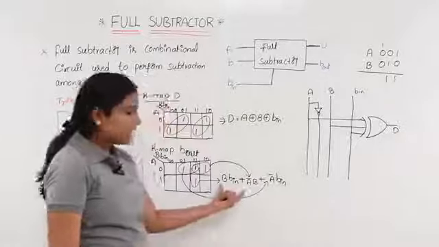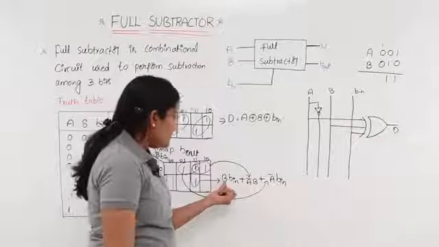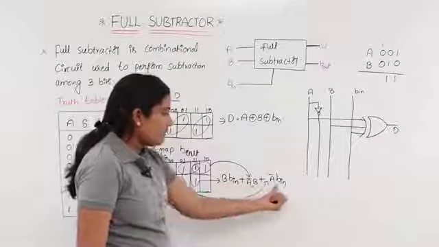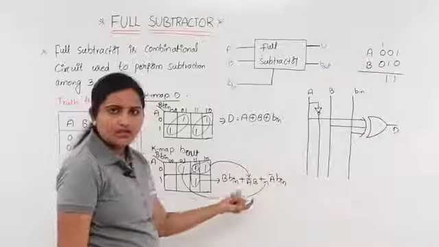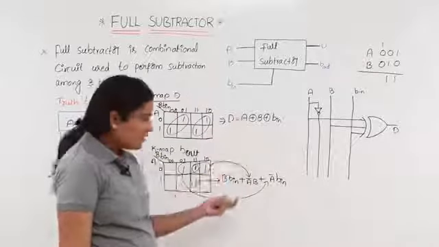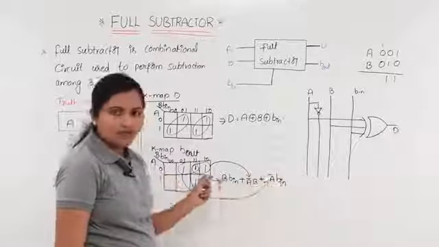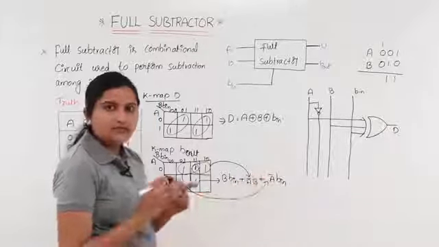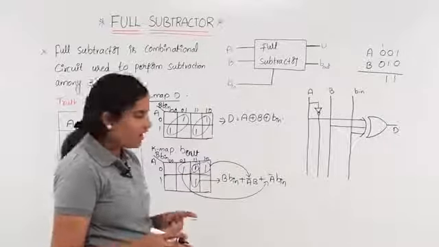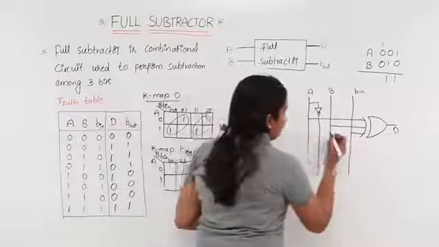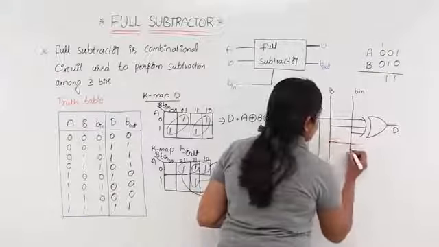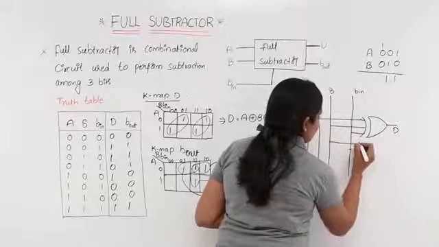Just by taking XOR of 3 inputs you get your difference in the full subtractor. And for borrow out, the B, B in, A bar B, A bar B in combination you need to add with an OR gate. First of all you take AND gates of all these, and after that those AND gate outputs are given to the OR gate. So B, B in I am going to draw here with an AND gate.